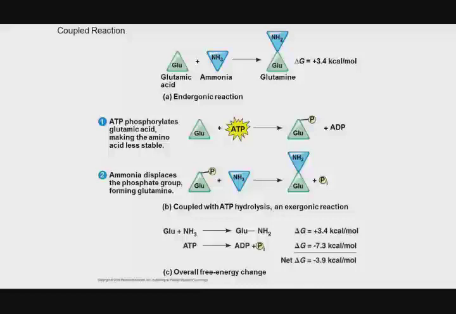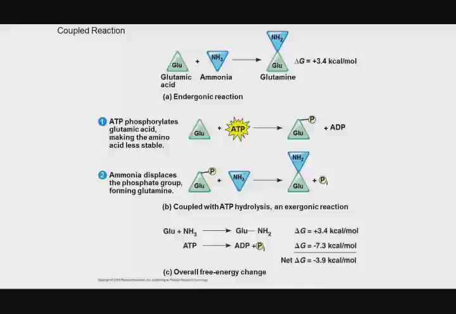I'm releasing energy. So the net overall delta G of these combined coupled reactions is negative 3.9, and that negative sign is what you're looking for. The negative sign says that this can go forward. This is spontaneous, right? I have less energy or more stability in the products than I did in the reactants.